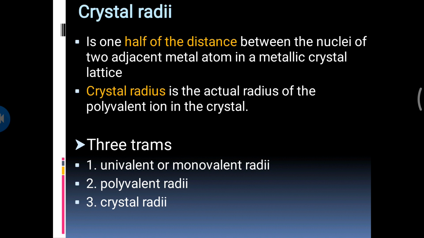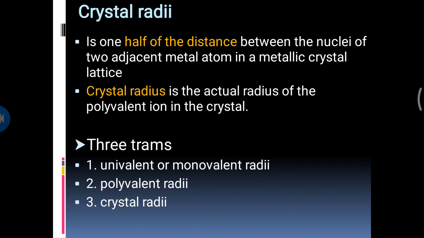That is why we need crystal radii. Polyvalent means more than two valent ions. When polyvalent ionic radii are converted to crystal radii, we get similar radii, meaning the calculated and observed radii are equal and agree.